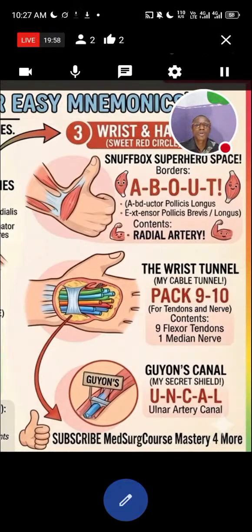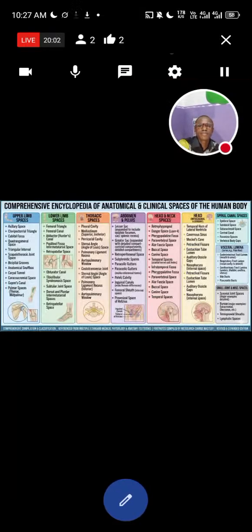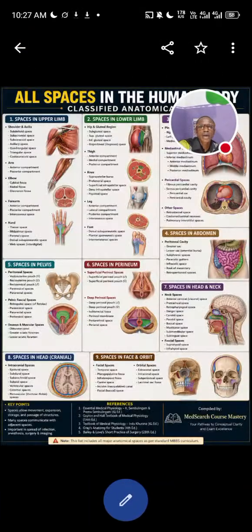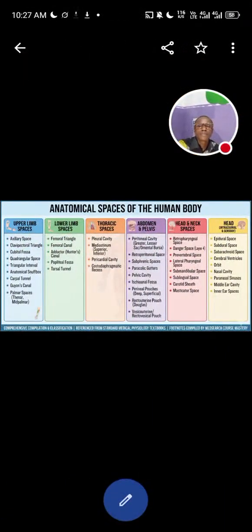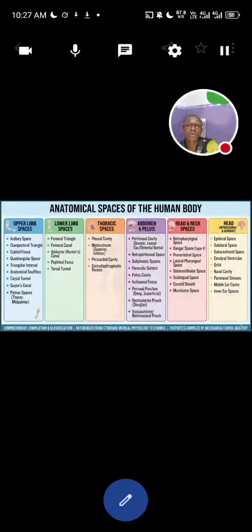Sorry about that. So now we have anatomical spaces in the body. Repetition brings retention, and this one gives it to you in a column. We try to look at different interesting ways of making this uninteresting anatomy fashionable and entertaining.